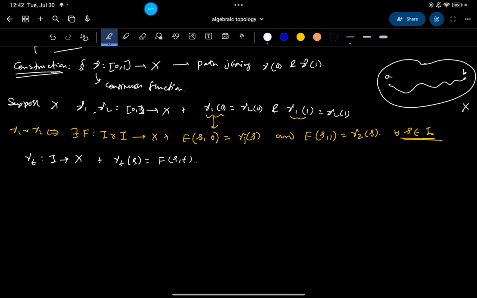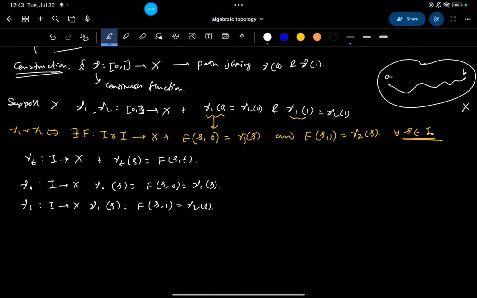So what is gamma 0? Gamma 0(s) is nothing but f(s, 0), which is nothing but gamma 1(s). And similarly gamma 1 is a mapping from I to X, such that gamma 1(s) equals f(s, 1), which is gamma 2(s).